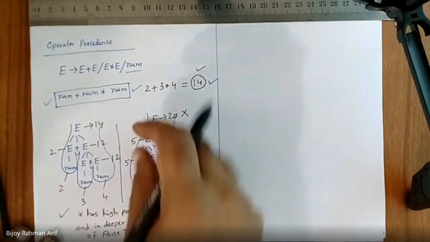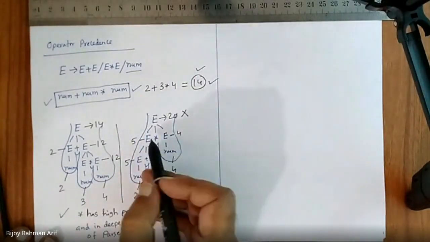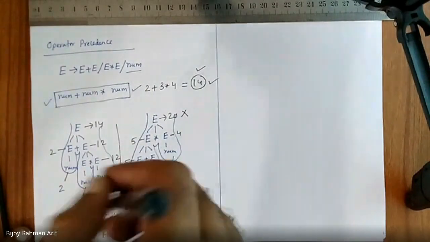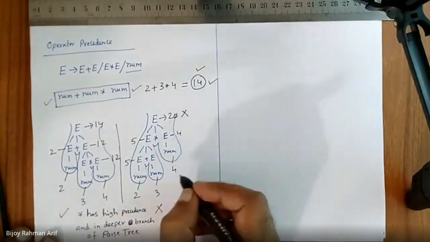Absolutely right. And here we do the reverse thing. Here star has the highest precedence, but still we do the plus operator on the deeper side, the deeper branch of the first tree. That's why it is the wrong answer.